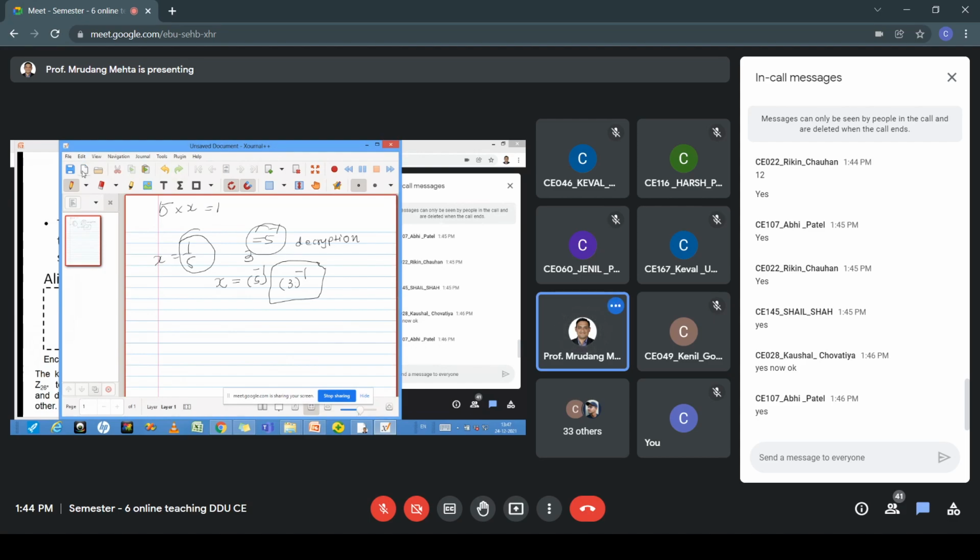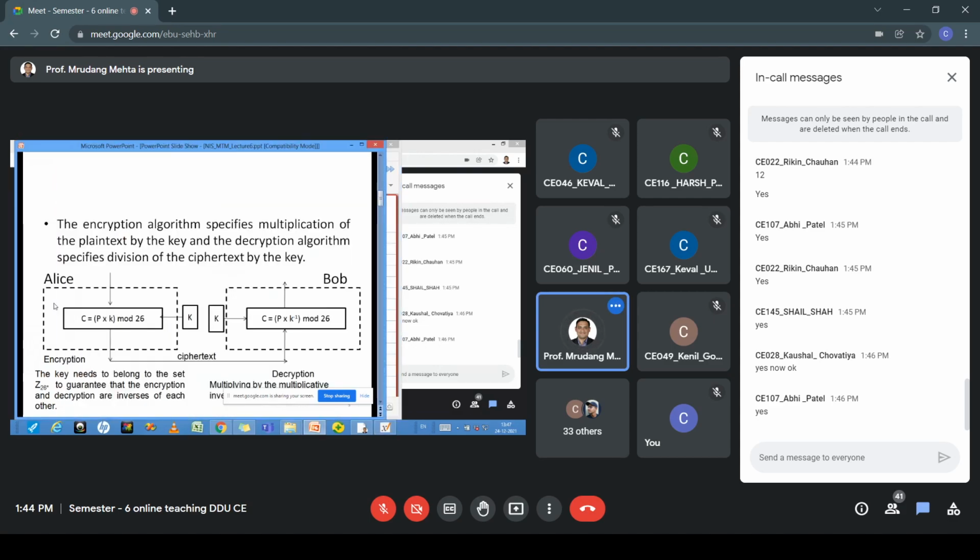What you can see in the decryption algorithm is P equals C into K inverse, where C is the cipher text. So cipher text multiplied by key inverse mod 26 is our decryption formula.